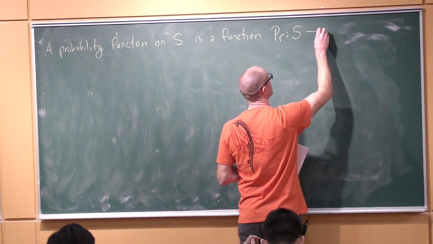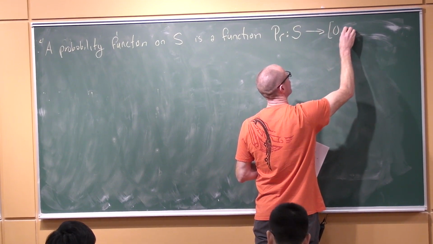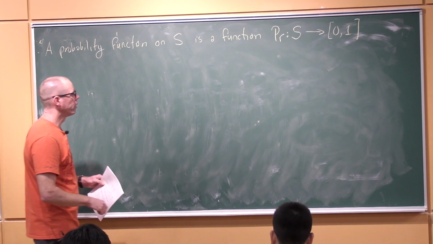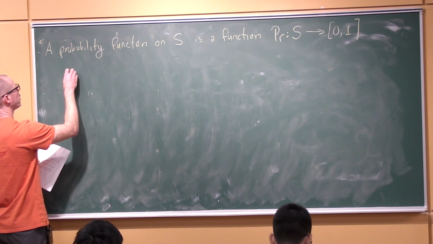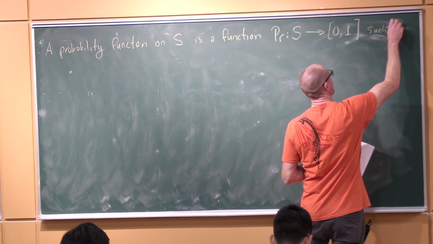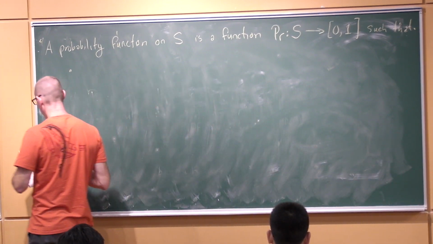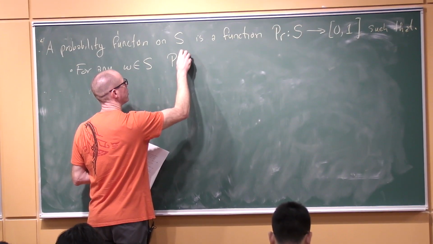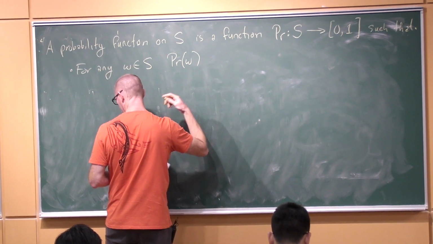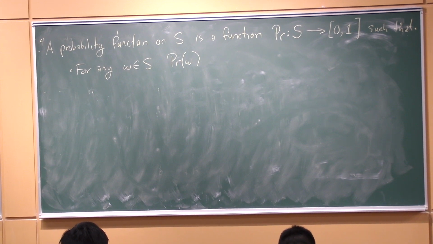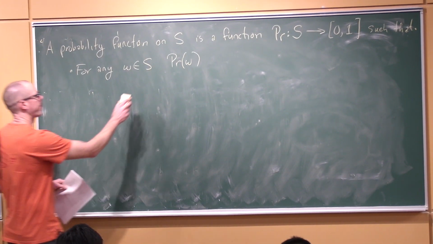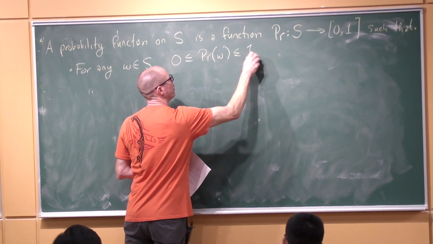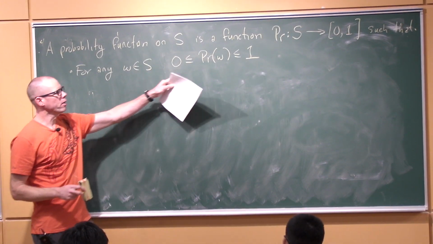It takes an element of S and gives you a real number between 0 and 1, such that, and these are really critical, for any element of S, this probability function assigns it a value between 0 and 1.